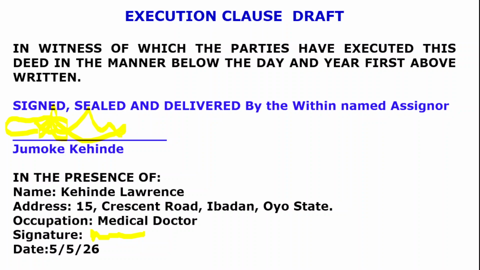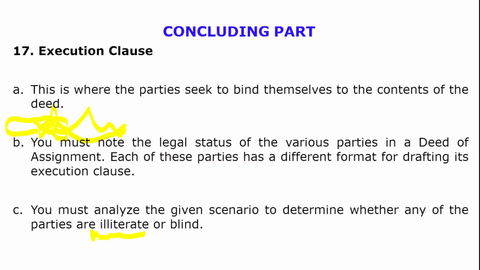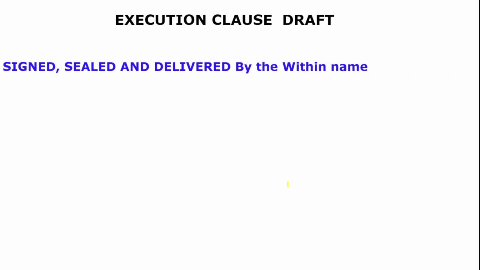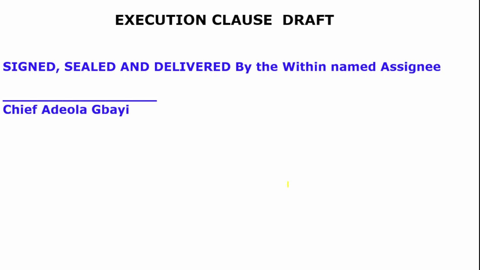After you have written the attestation for the assigner, then you have to draft the execution clause for the other party, right? Which is also "signed, sealed, and delivered by the within named assignee". And then you also put dash, then Chief Adiola Bai, right?